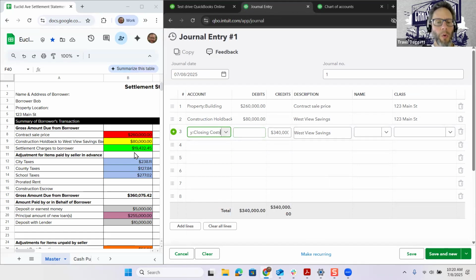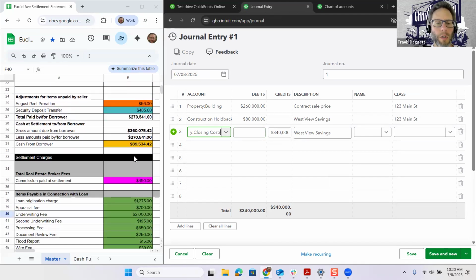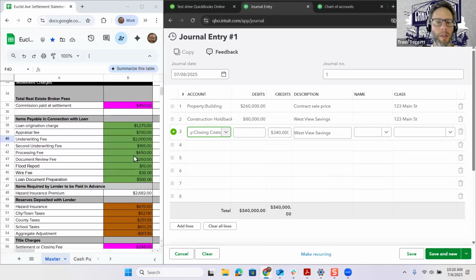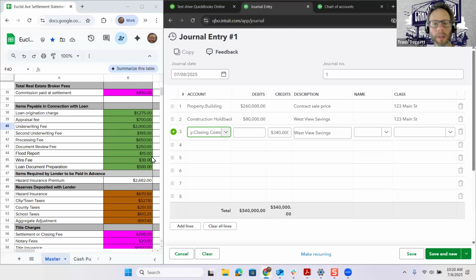So we don't want this whole amount to be capitalized. So we want to go down and take a look here. What is going to be capitalized?